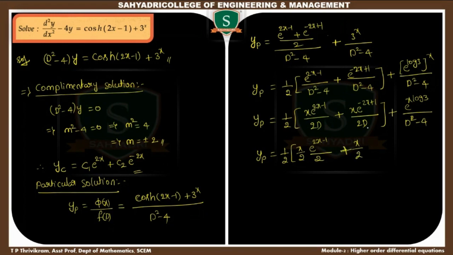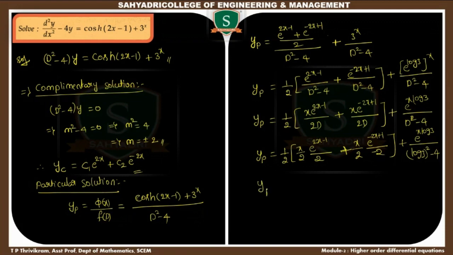Again 1 by d means integration, so e power minus 2x plus 1 divided by 2 with minus 2. Plus here the x coefficient is what? Log 3. So substitute log 3 in place of d. So e power x log 3 divided by log 3 whole square minus 4.